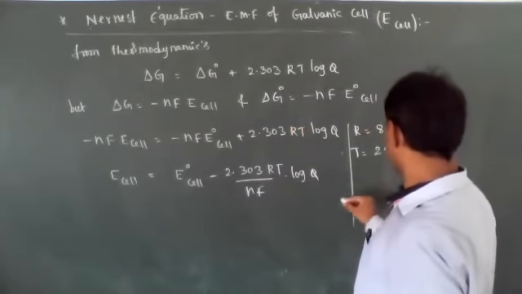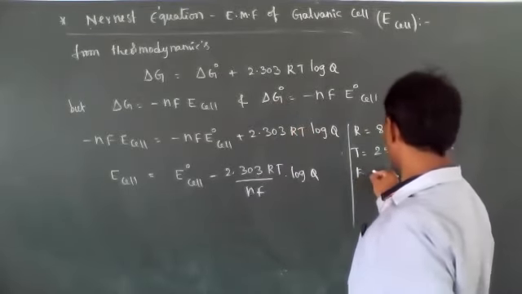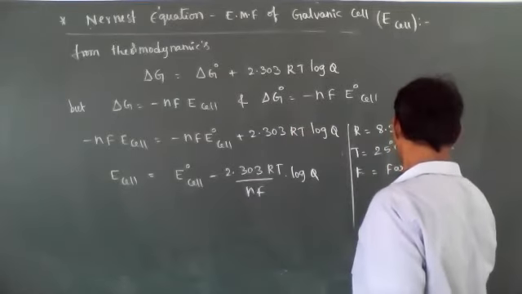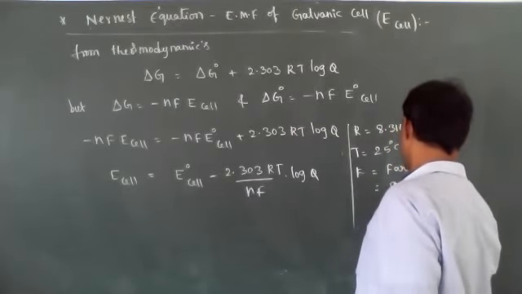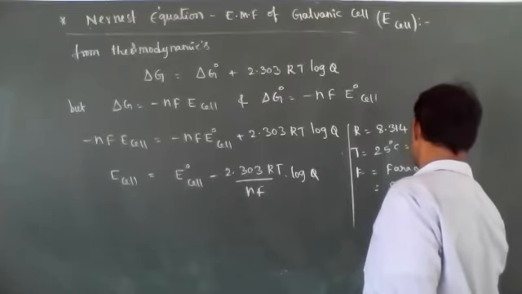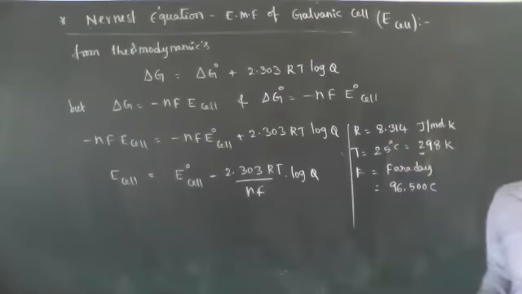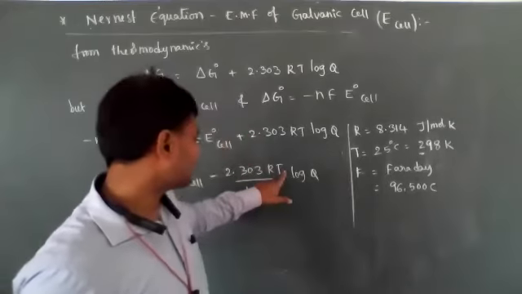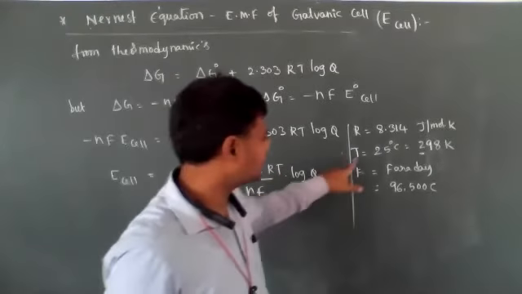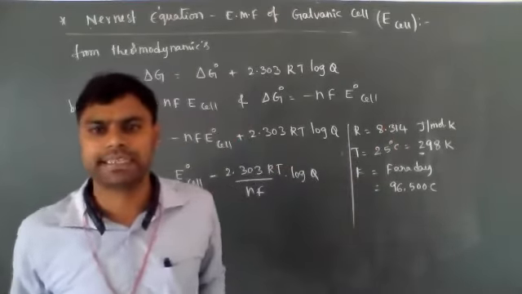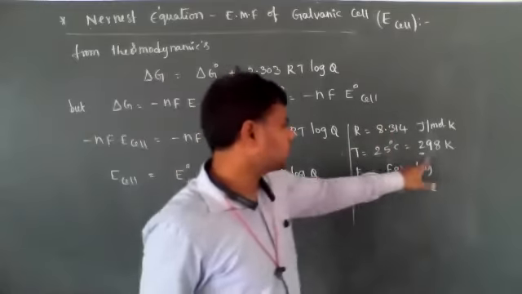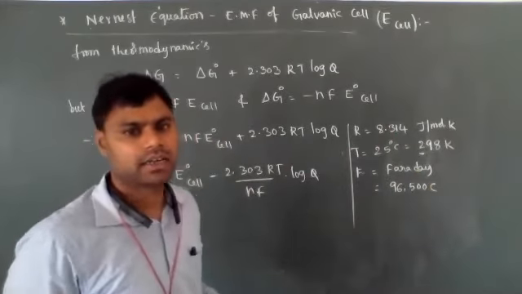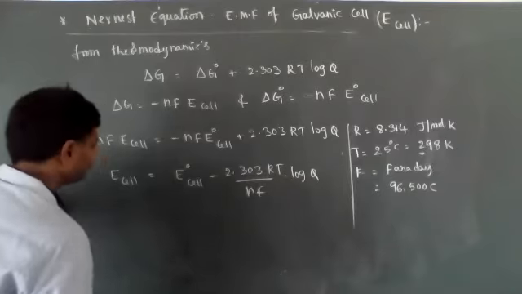And F is Faraday, equal to 96,500 coulombs. So R, T and F are constants. The R value is fixed at 8.314, the T value is 298 Kelvin, and F is 96,500. Then you substitute the values.